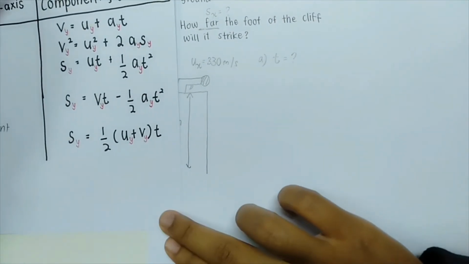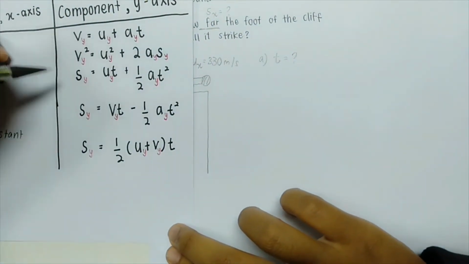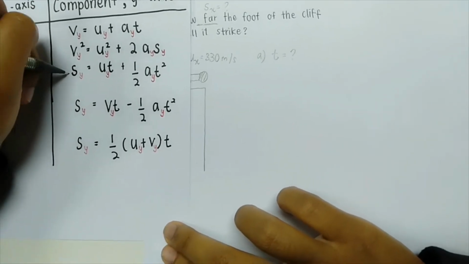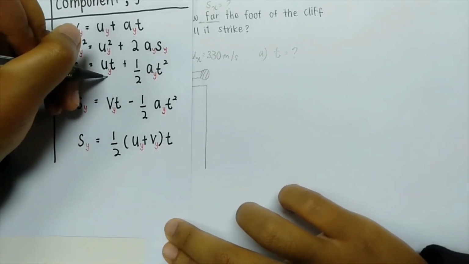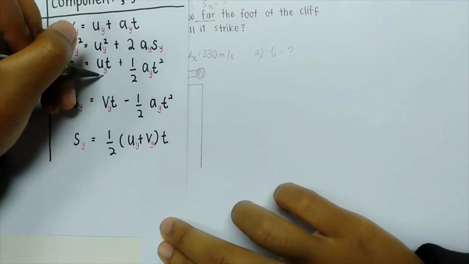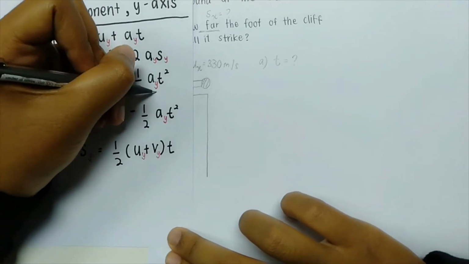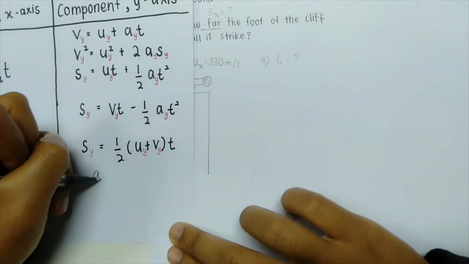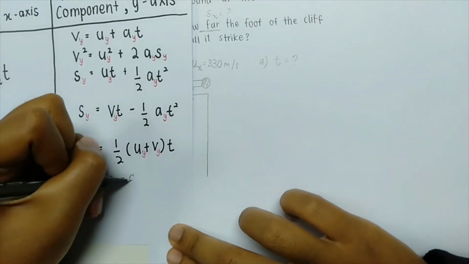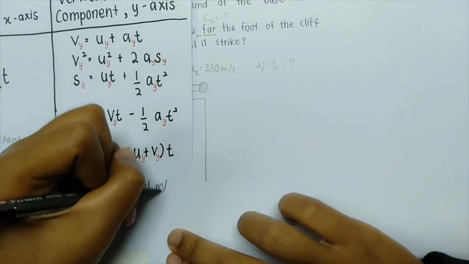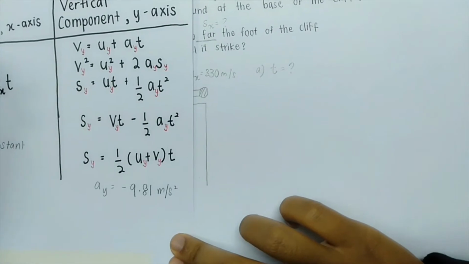As given, we have Sy. Uy, the initial velocity in the y-axis, was not given, and we all know Ay equals negative 9.81 meter per second squared.